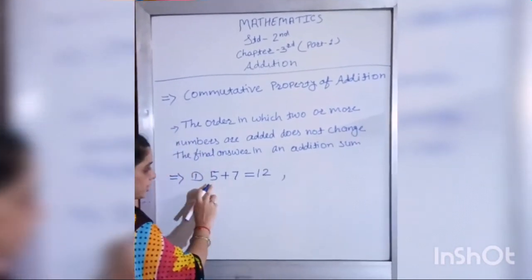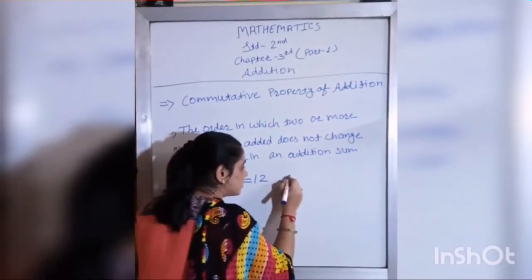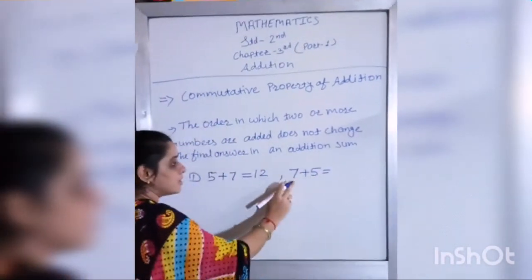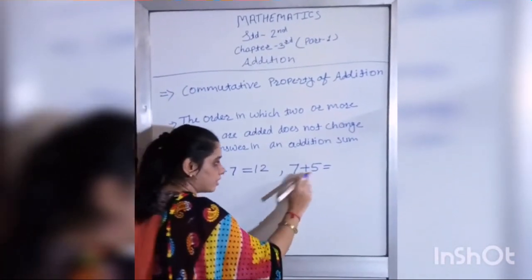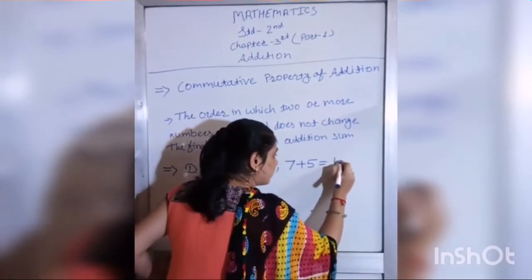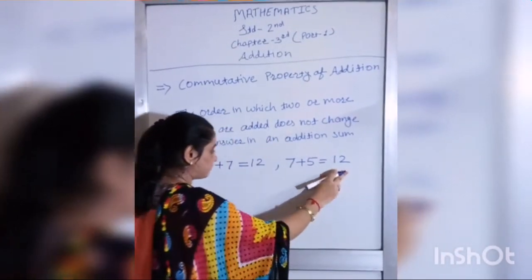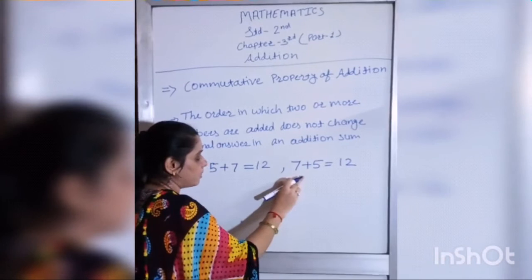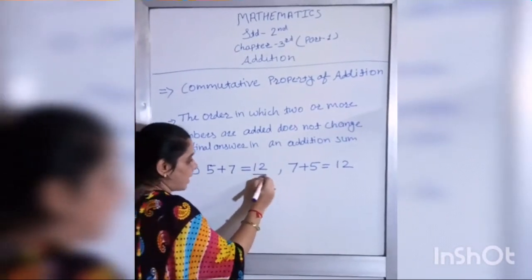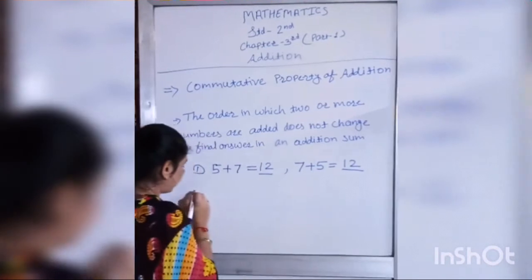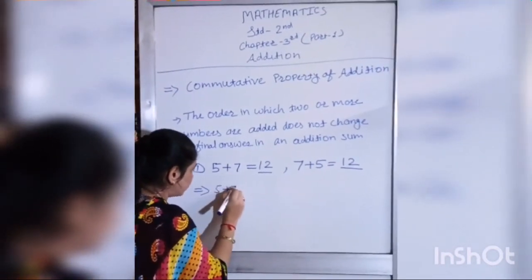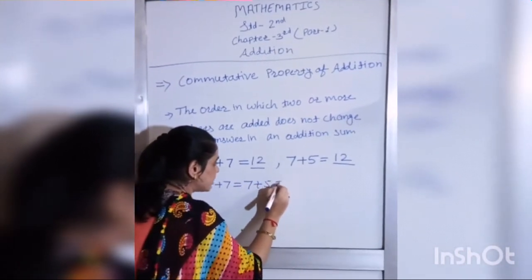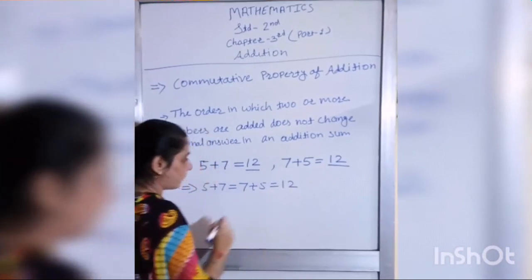And when I change the order of these numbers, 7 plus 5, then what will be the answer? The sum of 7 plus 5 is also 12. That means even if I am changing the order of the numbers, the answer is same. That means 5 plus 7 is equal to 7 plus 5, which is equal to 12.